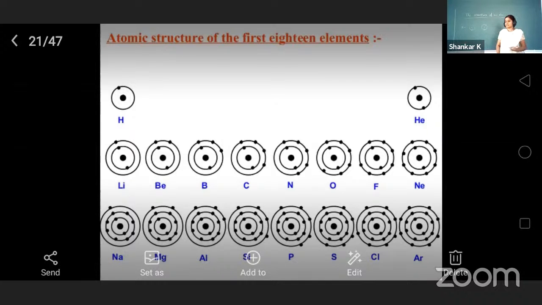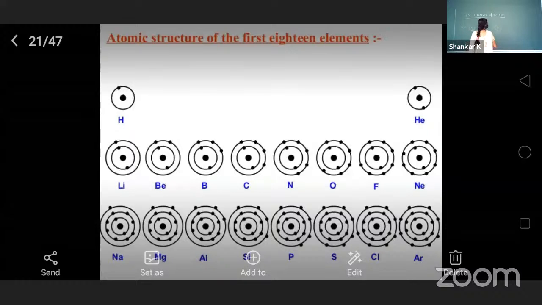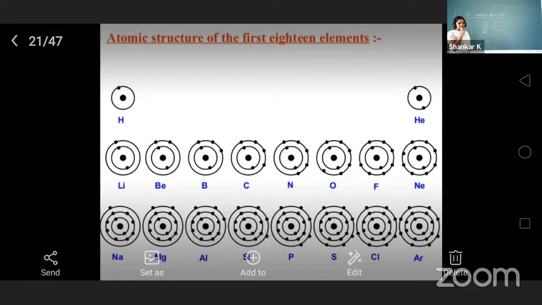Lithium is 3. Hydrogen is 1, helium is 2, lithium is 3. Then tell me, how do you represent the electrons in the cell, students? In the first cell, how many electrons should be present?